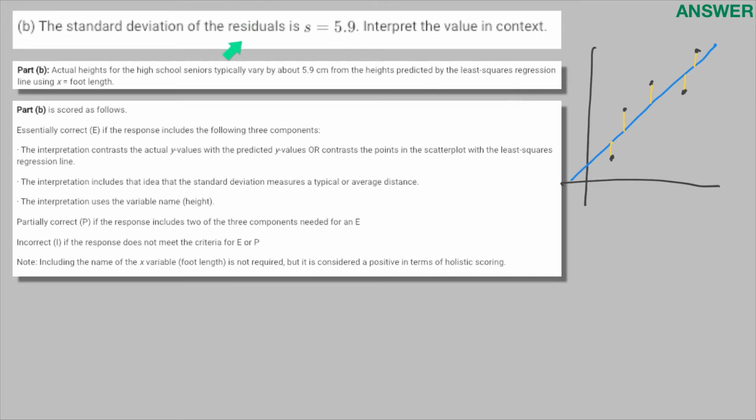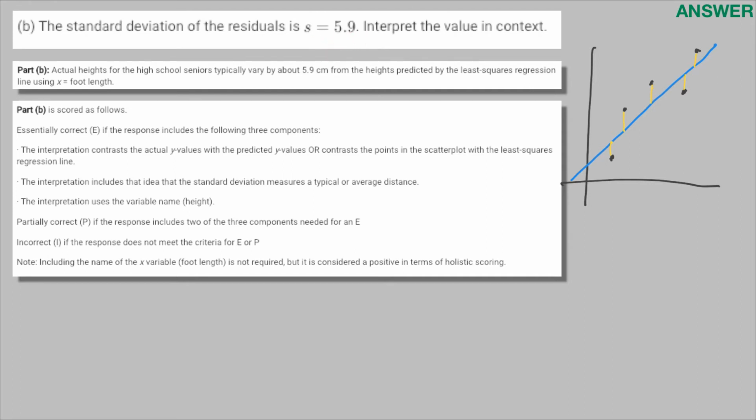S, or the standard deviation of the residuals, is the variability of these vertical lines. So actual heights for the high school seniors typically vary by about 5.9 centimeters from the heights predicted by the least squares regression equation using x equals foot length. So for each x, the typical deviation, or the typical residual, is 5.9 centimeters.